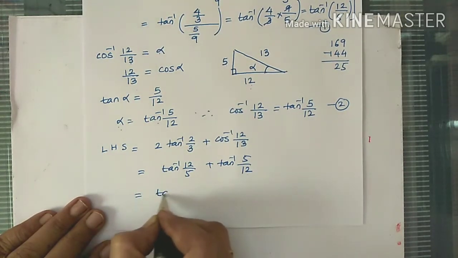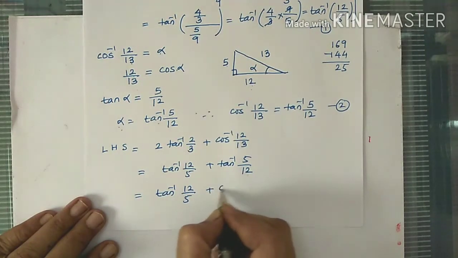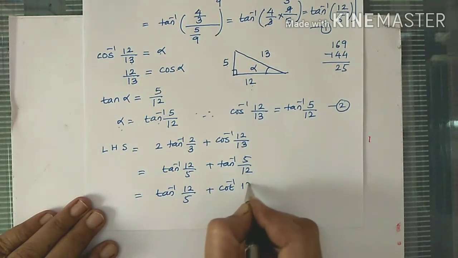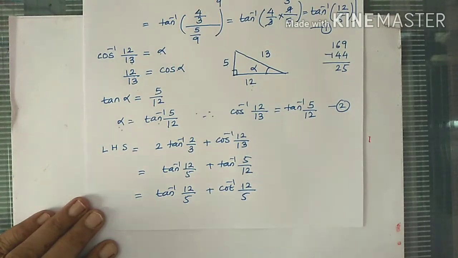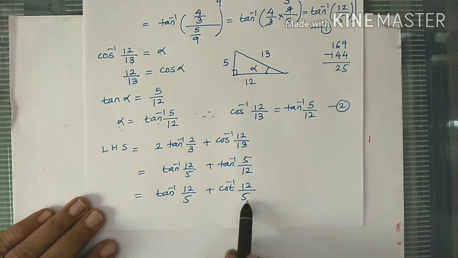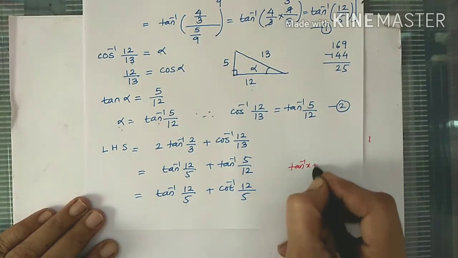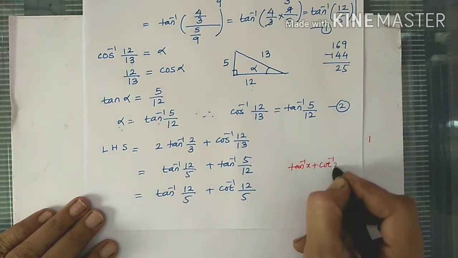So if I write the term as cot inverse, what I get is cot inverse of 12 by 5. Now why write the term as cot inverse? Because writing it as cot inverse, we have the same number 12 by 5 in both the terms, and we have one property: tan inverse x plus cot inverse x.